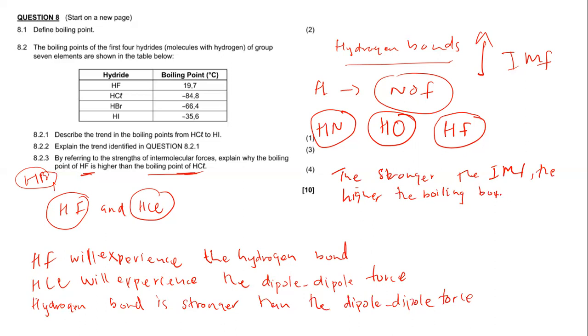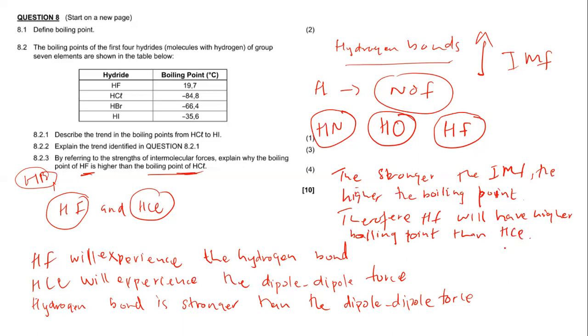Therefore, HF will have a higher boiling point than HCl. Okay, so this is how easily you can answer this.